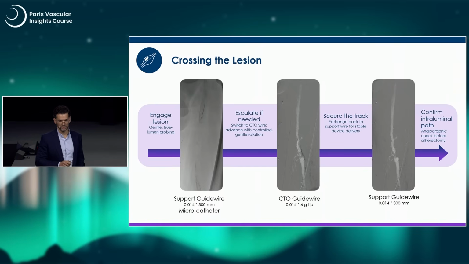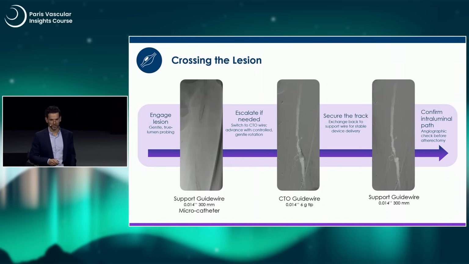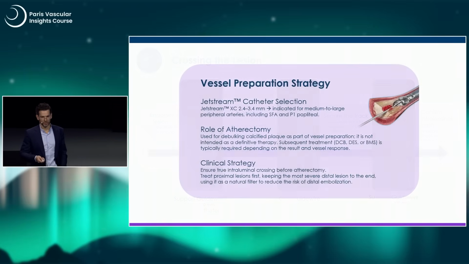So I moved on to CT1. It was the Command ES, the new one, Command ES 014 ST, that allowed me to cross the distal lesion that was almost occluded, and then we exchanged again for the Spartacore, which is the guide wire we use as a support. And our vessel prep strategy there was to use the Jetstream.